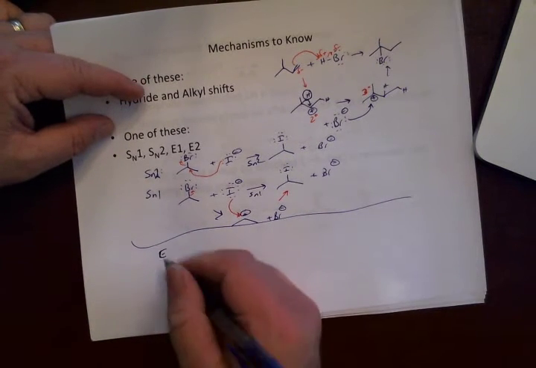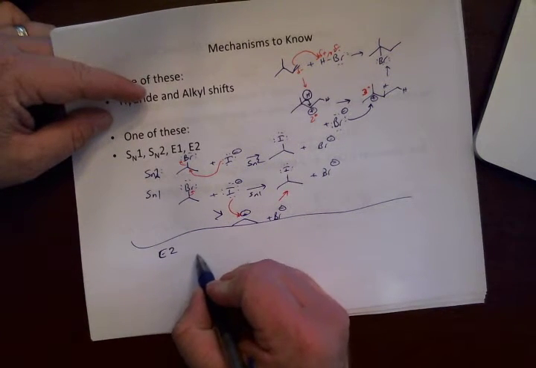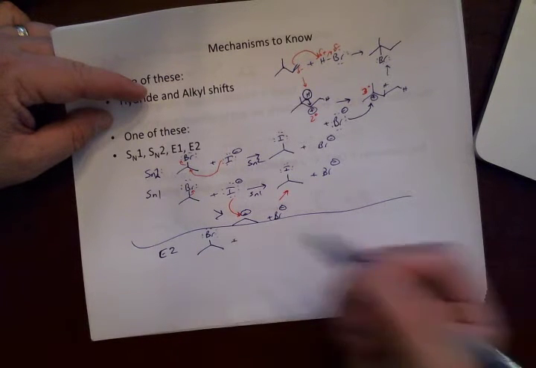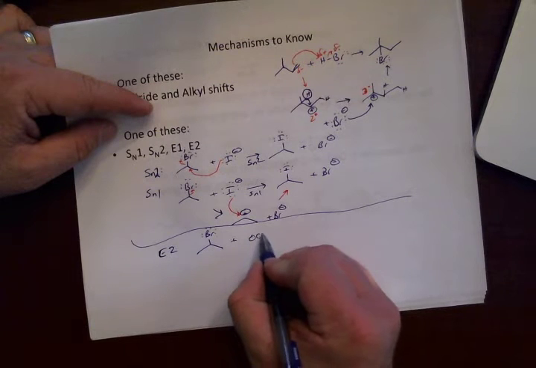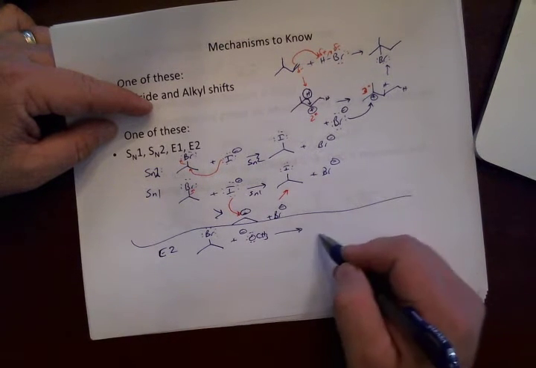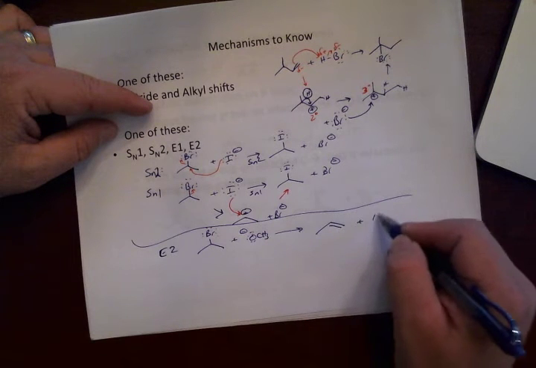Now for the E2 mechanism, so we're going to have this, right, so it's elimination, plus OCH3 minus, methoxide. We're going to make this plus methanol.